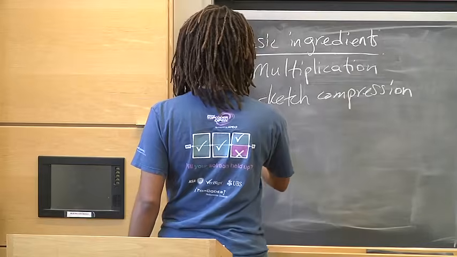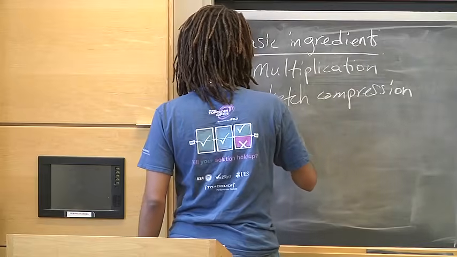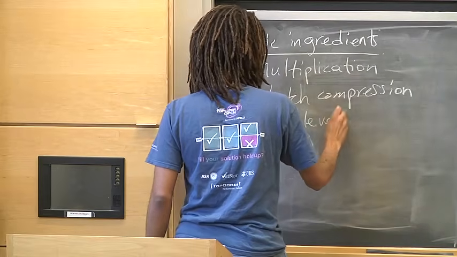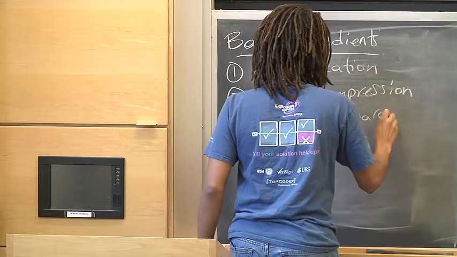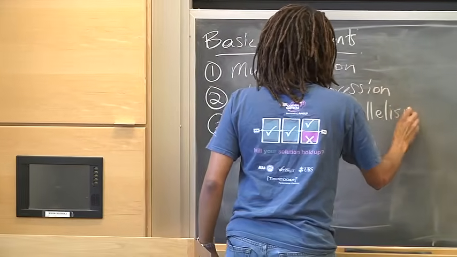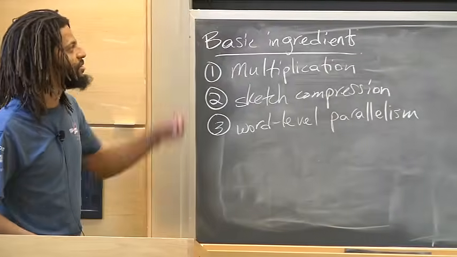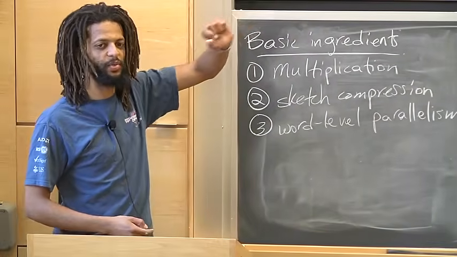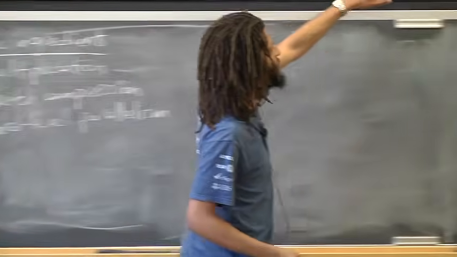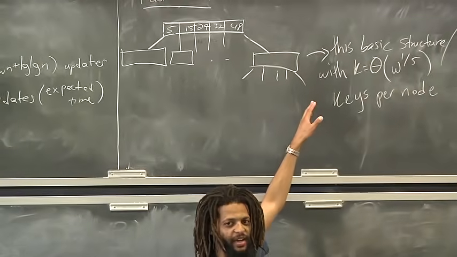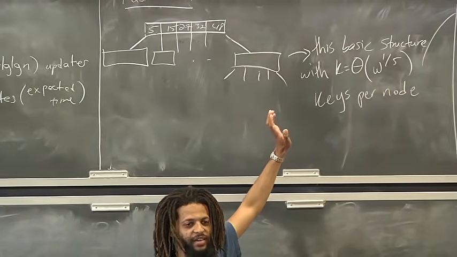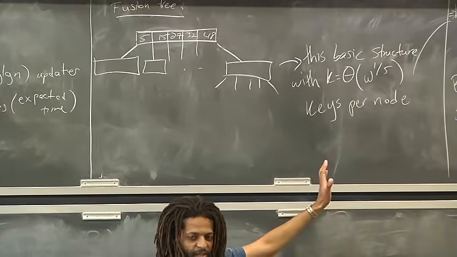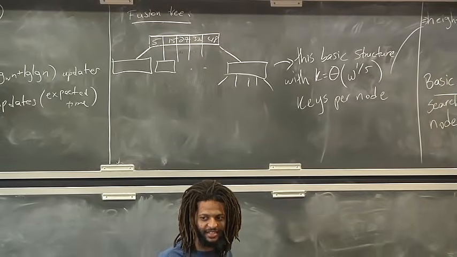And we're also going to see word-level parallelism. At some point, when a query reaches a fusion tree node, we have to see where it fits, which subtree we have to recurse to. We're going to eventually do that by comparing with all keys simultaneously using a constant number of word operations.